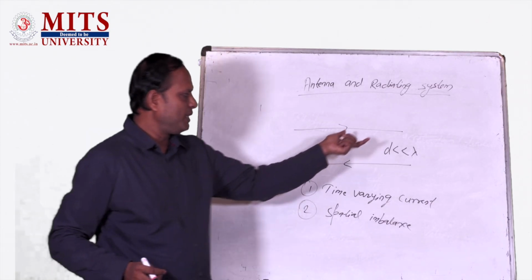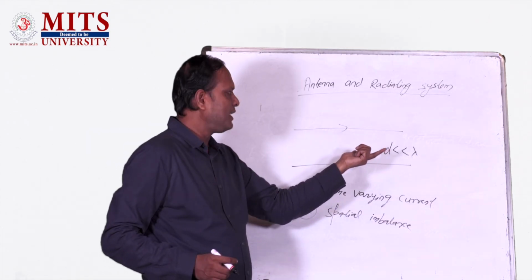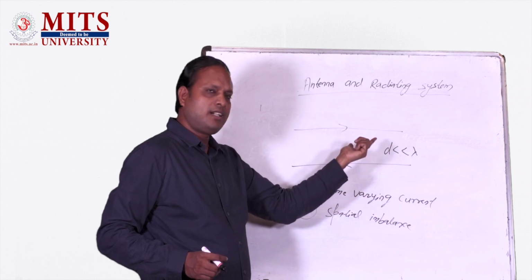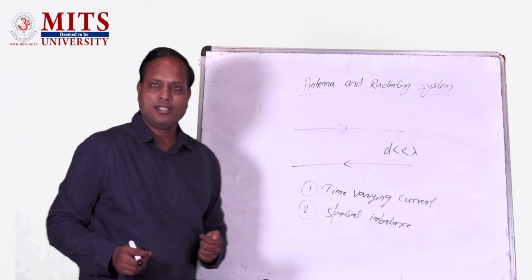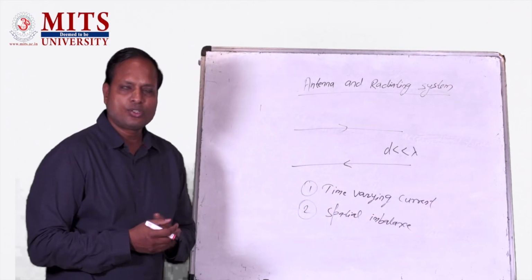If the spacing between these two conductors is very small, then equal and opposite currents cancel, and hence no radiation. So there should be spatial imbalance between these two structures.